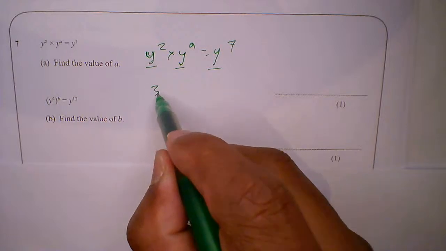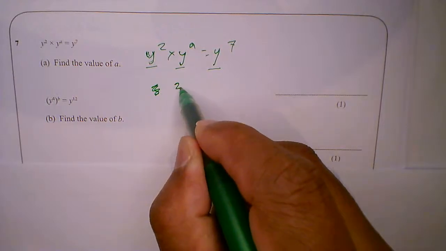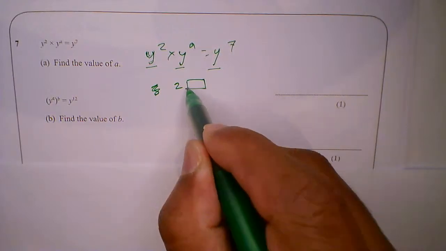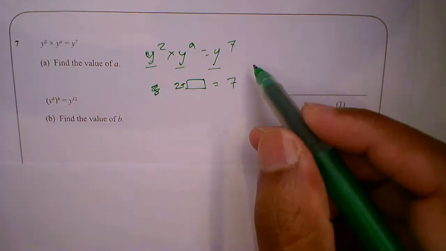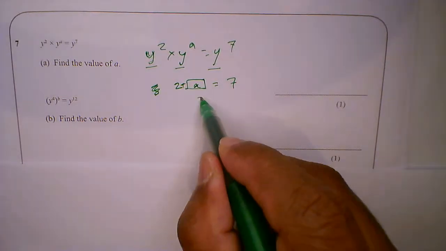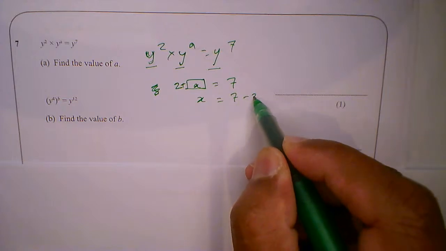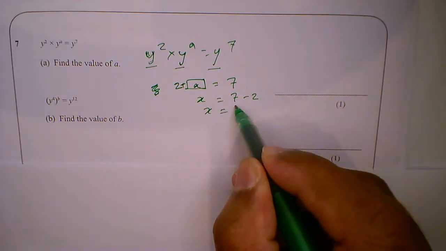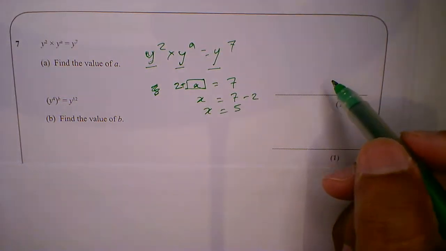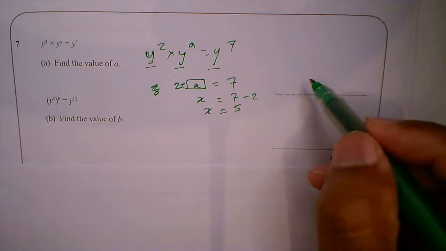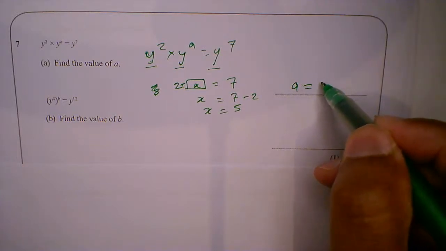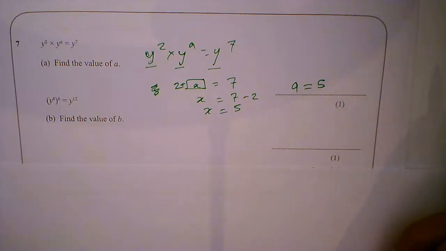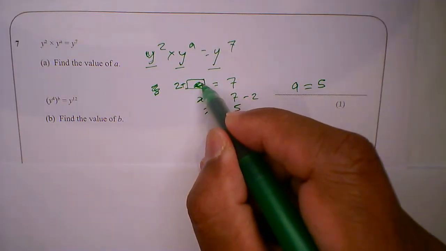So we've got 2 plus something equals 7. So let's call it x. So x equals 7, take away 2, that gives me 5. So the value of a is going to be 5. I should have used a instead of x.